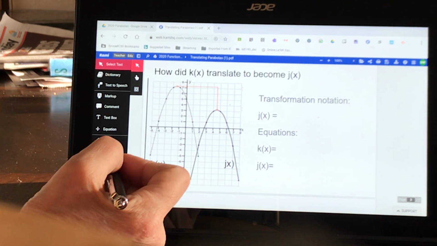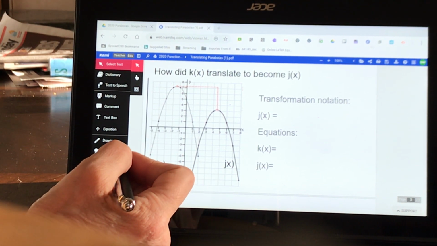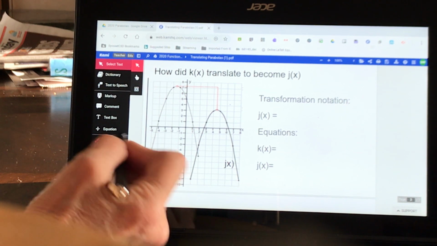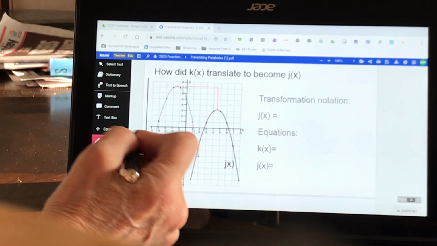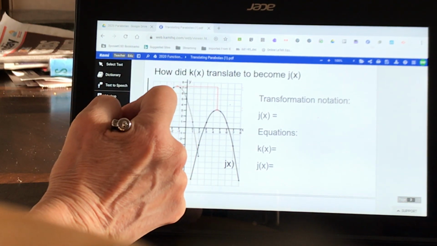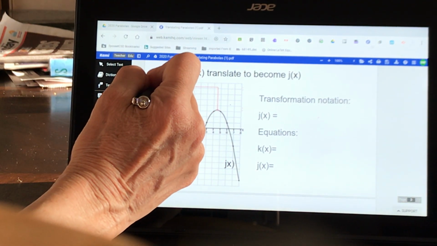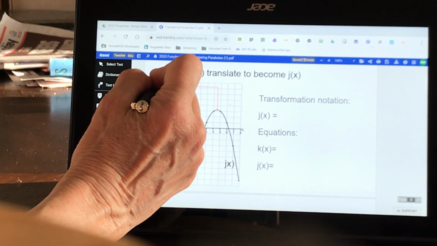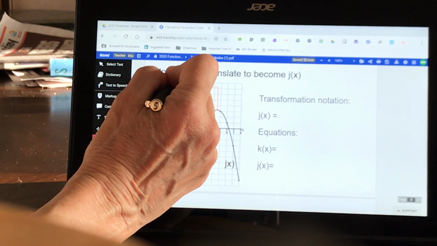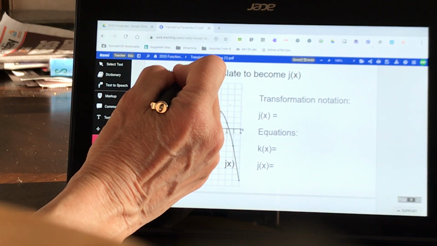So I'm going to look right away for the vertex of k of x. My vertex for k of x seems to be negative 1.5, if you look closely at your slide, comma 7.